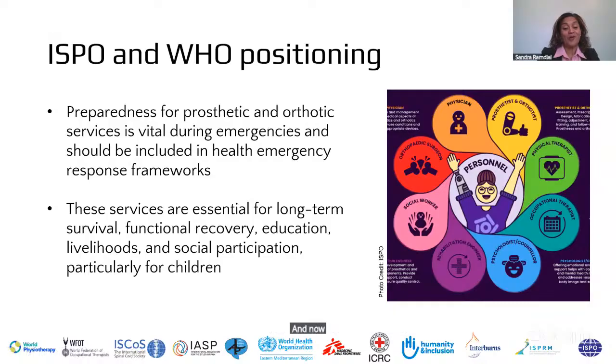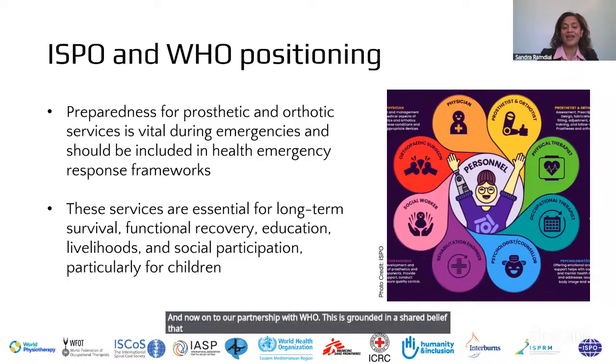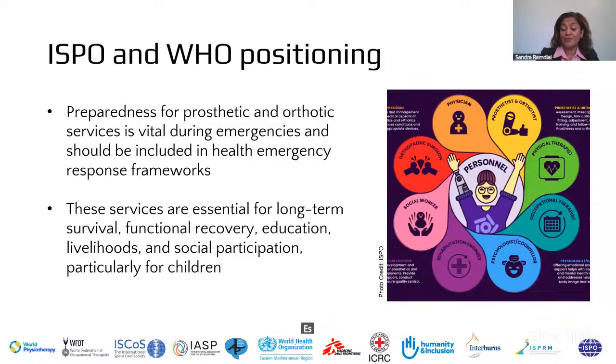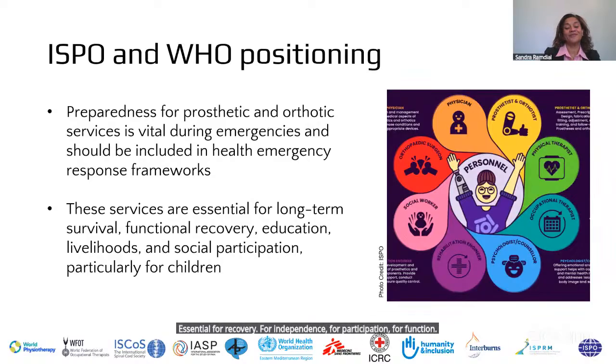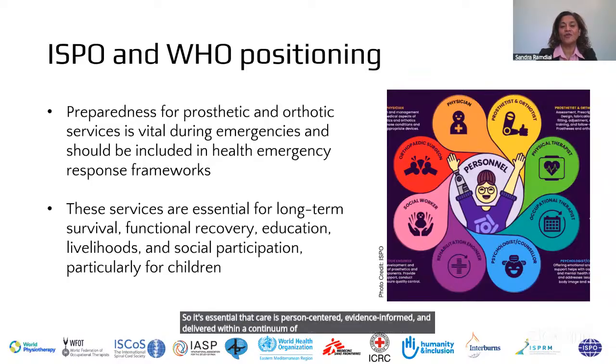And now on to our partnership with WHO. This is grounded in a shared belief that prosthetic and orthotic services are not optional in emergencies. They are essential. Essential for recovery, for independence, for participation, for function, and quality of life. So it's essential that care is person-centered, evidence-informed, and delivered within a continuum of care, from acute management through rehabilitation to prosthetic provision.